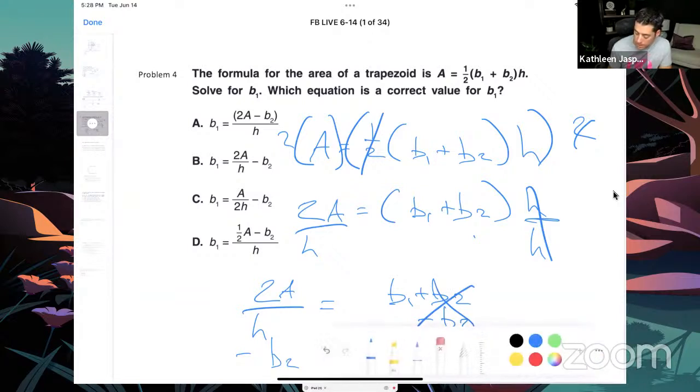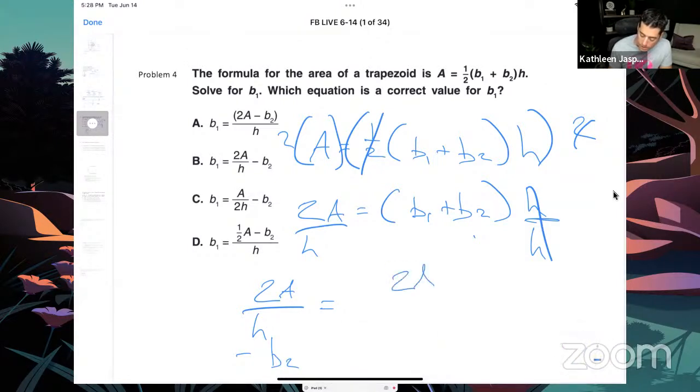Let me get rid of this. I'm sorry, I ran out of room, so that we can rewrite this correctly as 2a over h minus b2, base 2. Looking at our answer choices, this one doesn't look like it. 2a over h minus b2. That's pretty close because that's what it is.